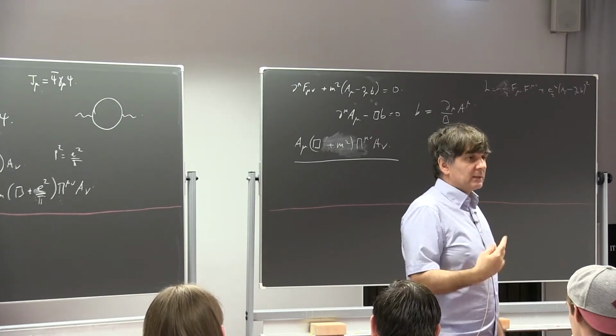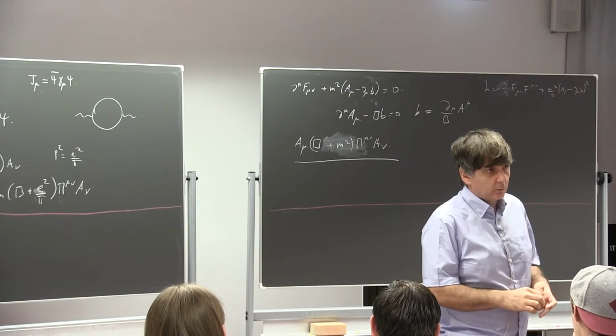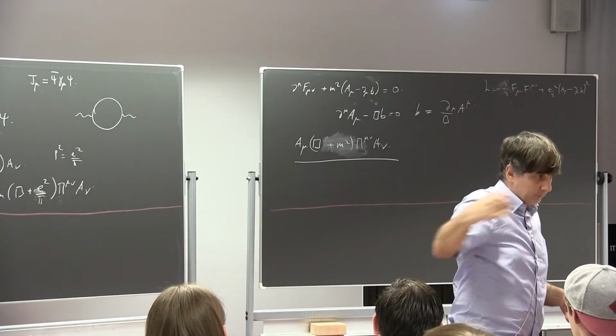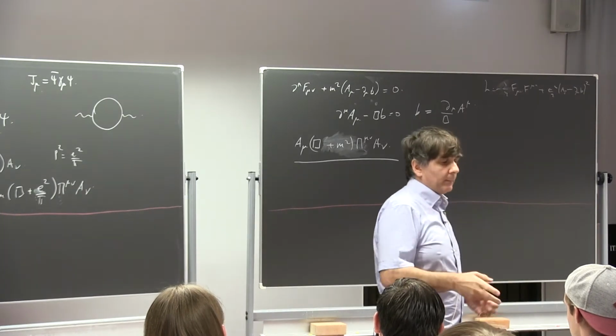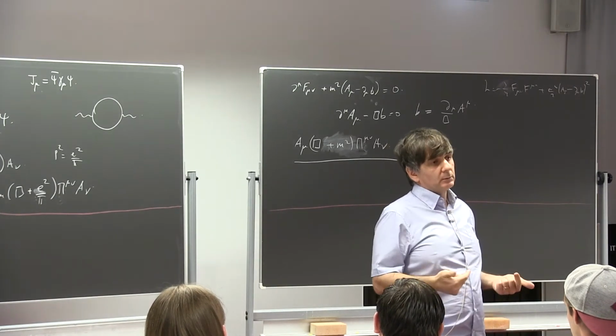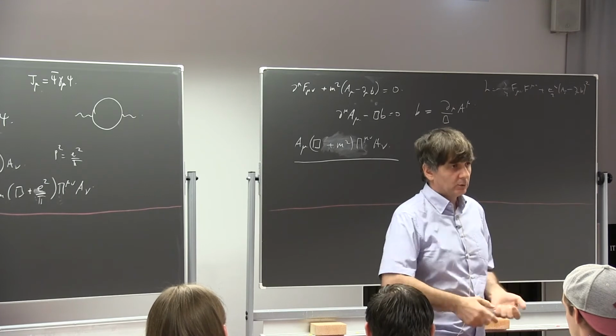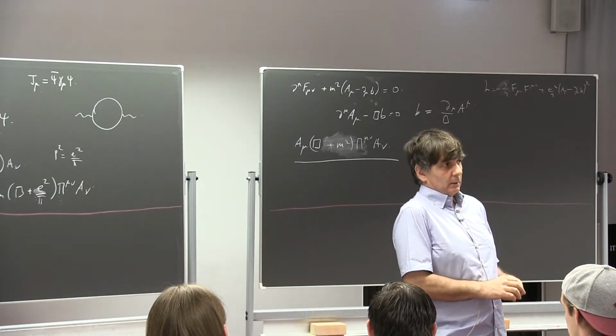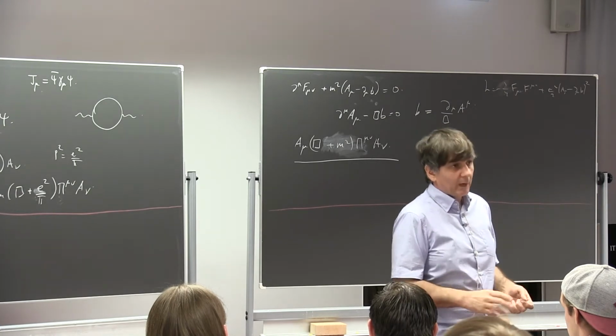Okay, now there is a bound on the photon mass. I can tell you what the bound is. If we are talking about the real photon, I'm detouring now from the subject, but the question of the bound on the mass of the photon is a very interesting question. It was assumed that the bound is very severe.